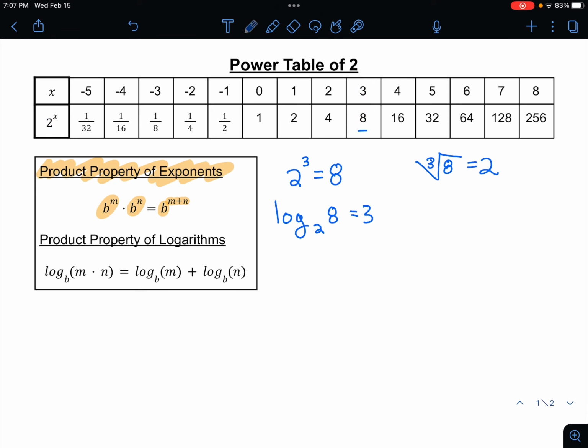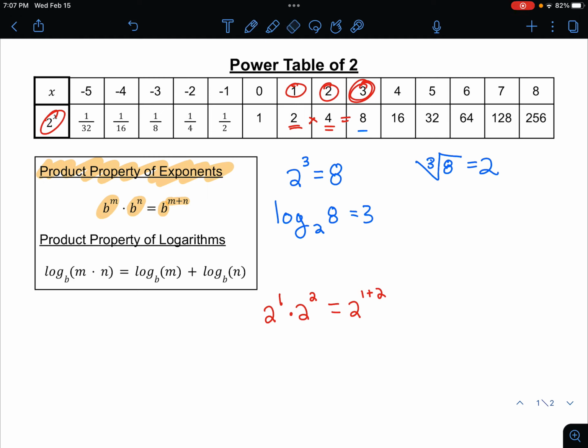If, for example, we look at a base of 2 raised to a power of 1, so 2 to the first, and then that same base of 2 raised to a power of 2, times 2 squared, well, that's like having 2 times 4. And 2 times 4 gets us to 8, 2 to the power of 3, or 2 to the 1 plus 2.